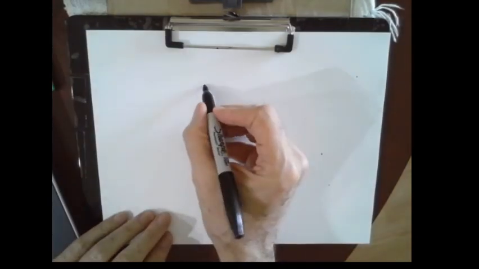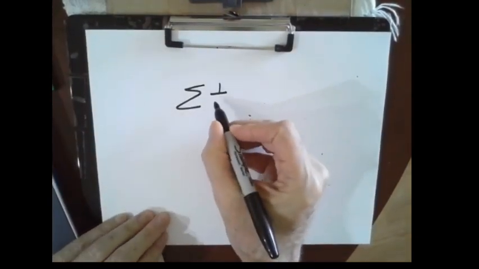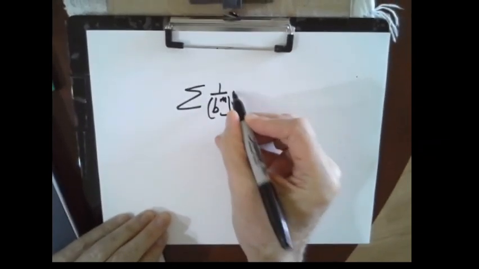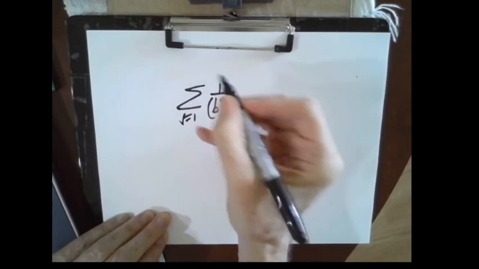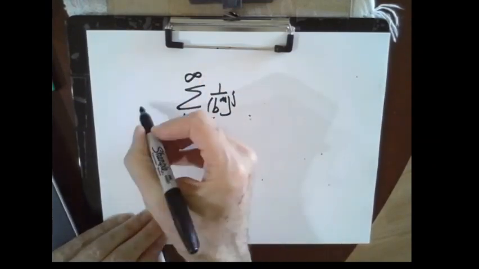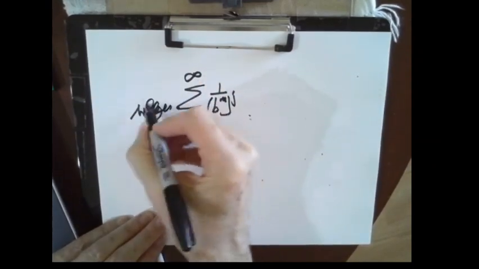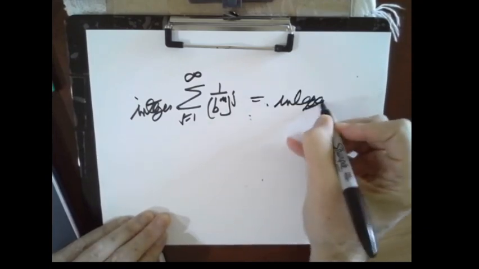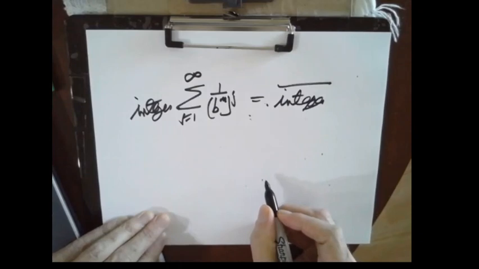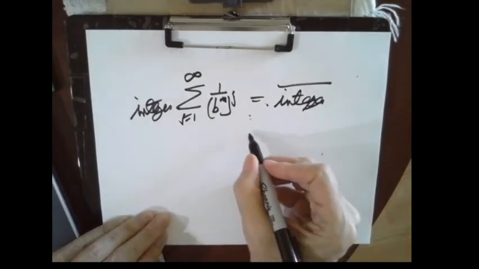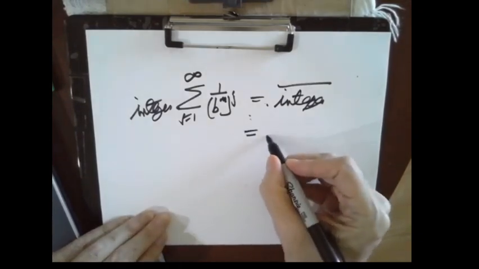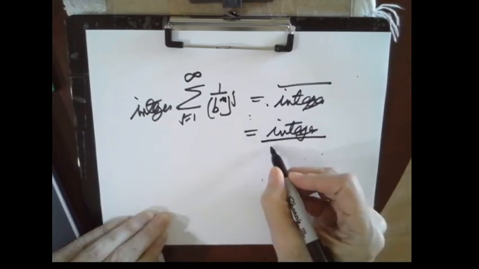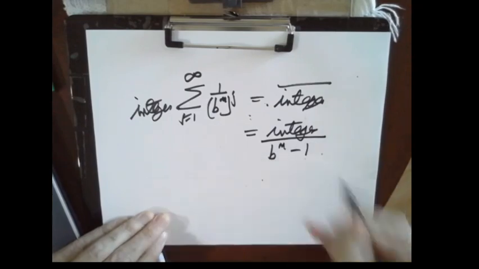It's the sum of 1 over b to the m, j equals 1 to infinity, times an integer, is equal to the point integer, positive integer, you could do that, and this is also equal to the integer without the line over b to the m minus 1.